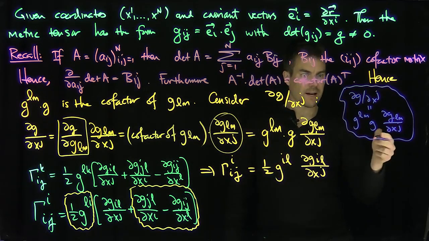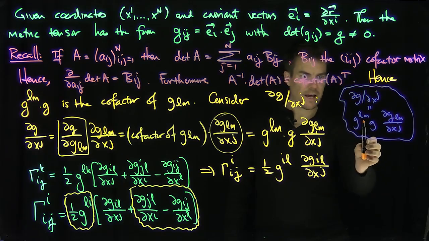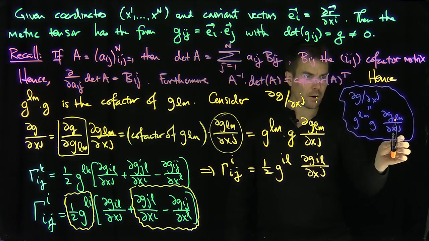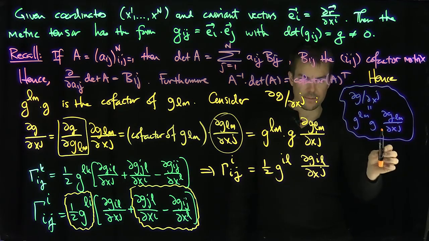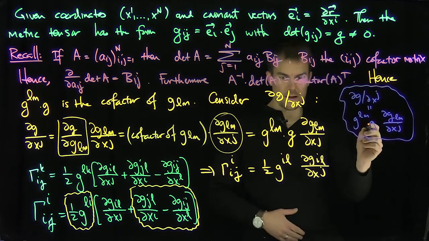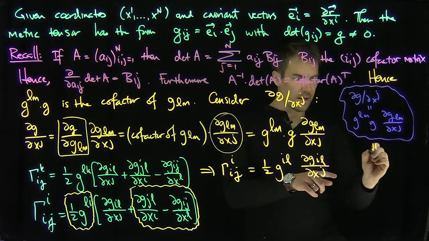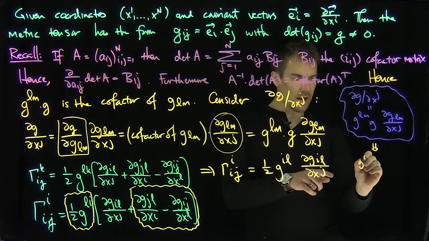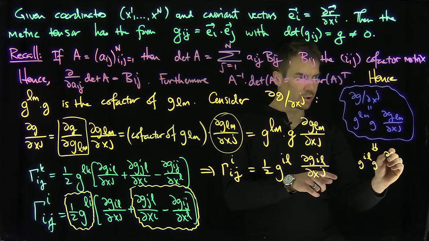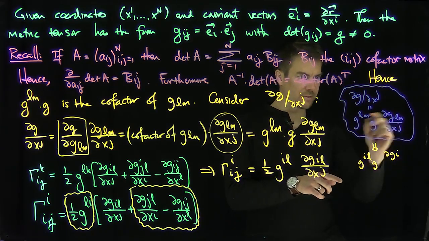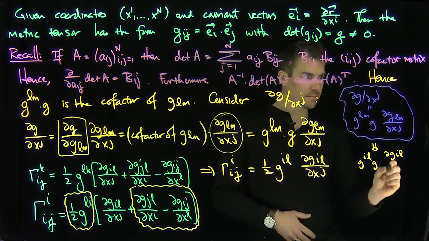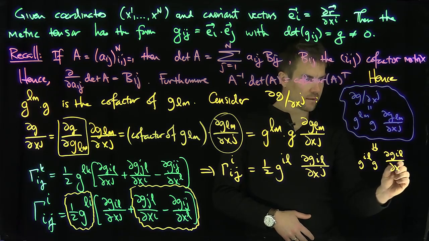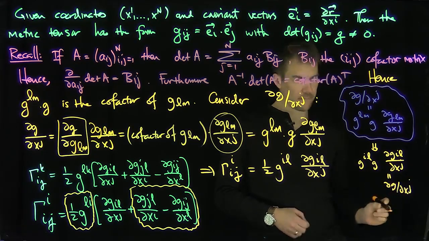This formula says that if I have a g^il and then a partial g_il, those are the same things with respect to x_j. So let's take this formula and write this as g^il partial g_il, partial x_j, which is really partial g, partial x_j, okay?